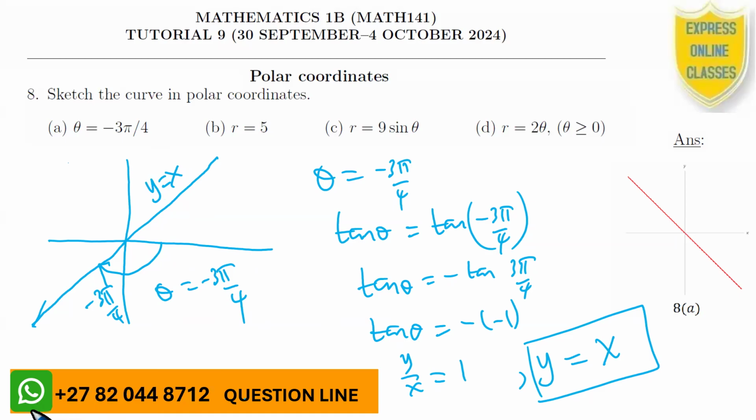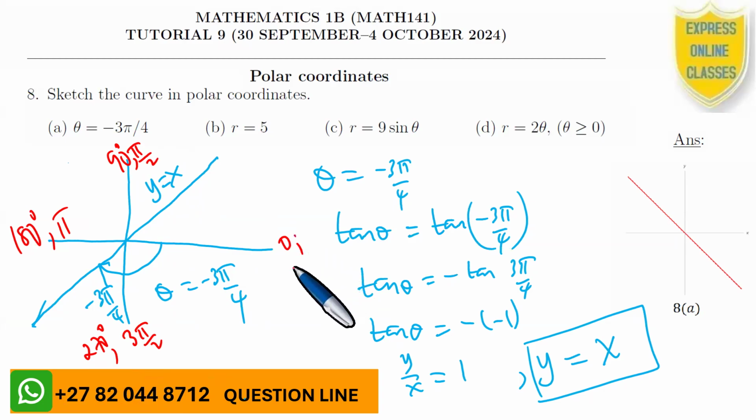So this one is 0, and this one is pi over 2, which is the same as 90 degrees. This one is 180 degrees, which is the same as pi radians. And then this one is 2 pi, 360 degrees.